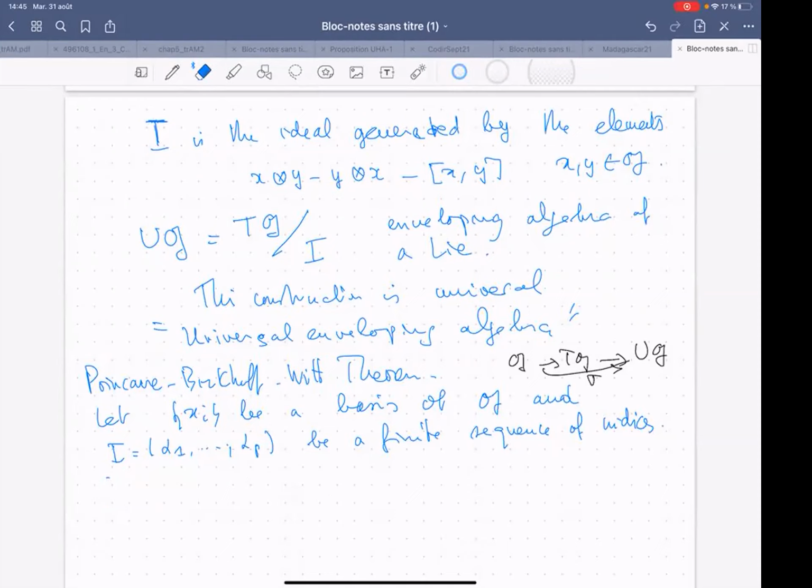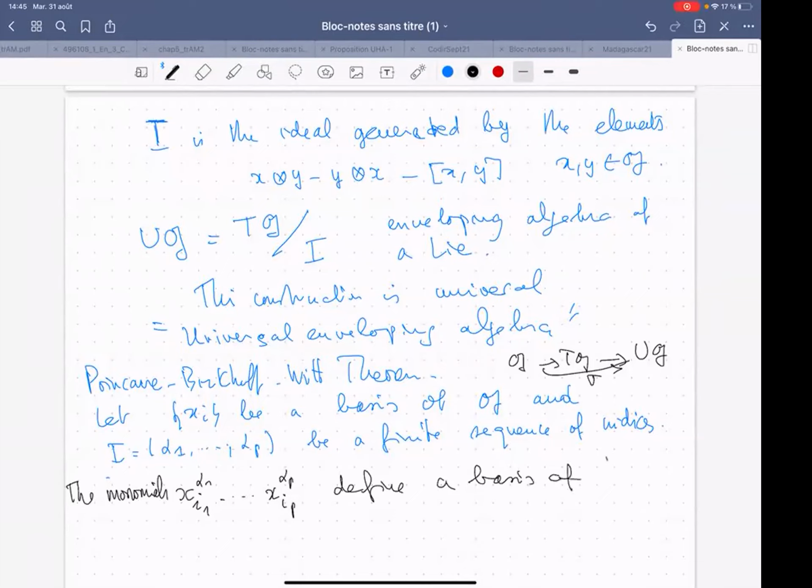In fact, I could say that the monomials X_{i1}^{alpha 1} through X_{ip}^{alpha p} define a basis of UJ, of course for ordered, increasing sequences, so i1 smaller than i2.